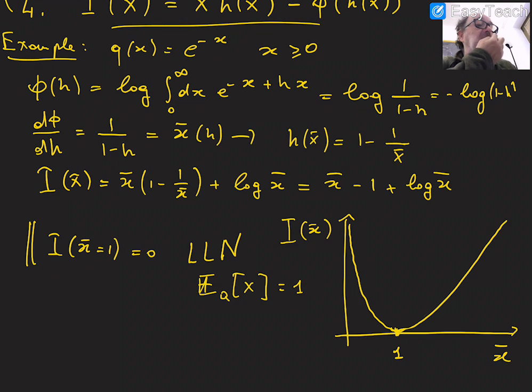So we expect that when x bar is equal to 1, so the mean takes the typical value, the probability should not be exponentially small.